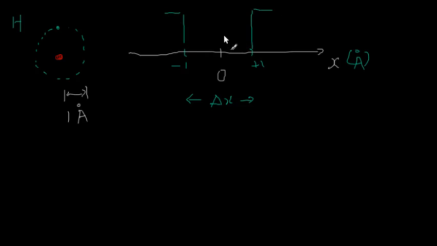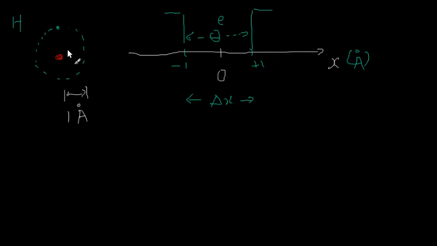So I have this electron, and it can only move around in this well. It's forced to stay in this region. And we're not even going to worry about what it is that forces it to stay.